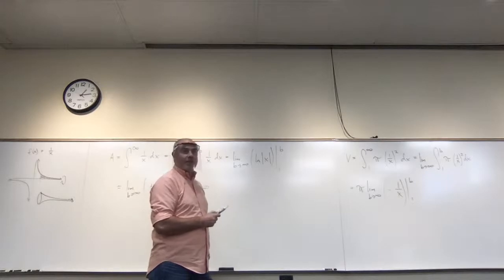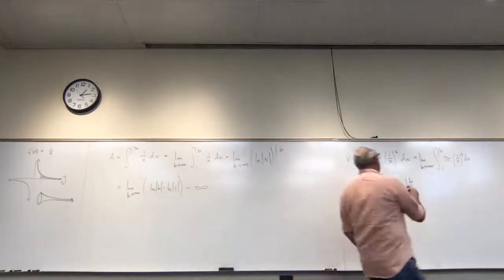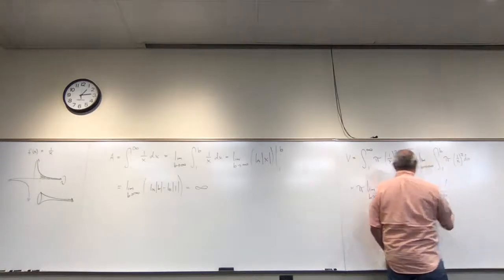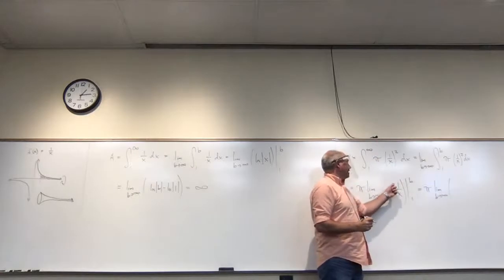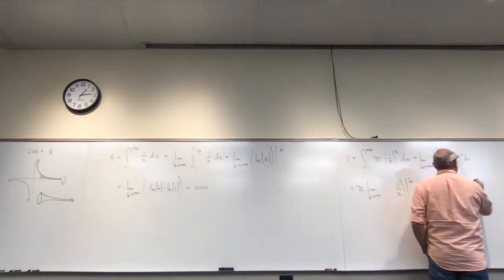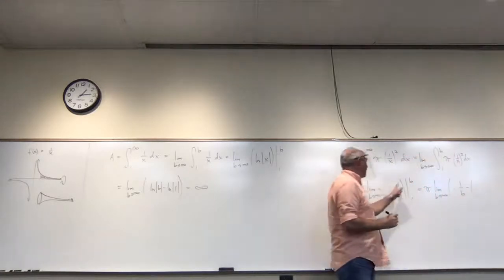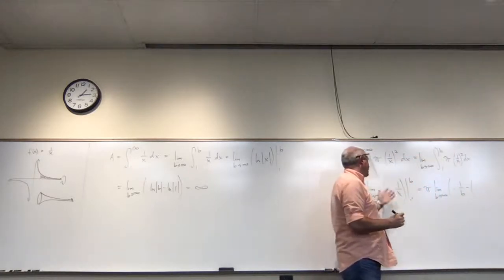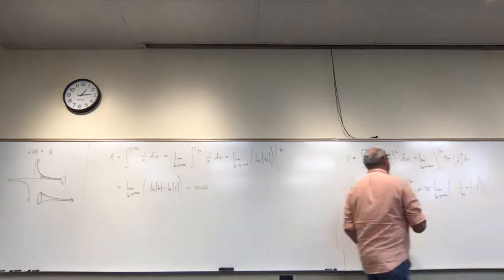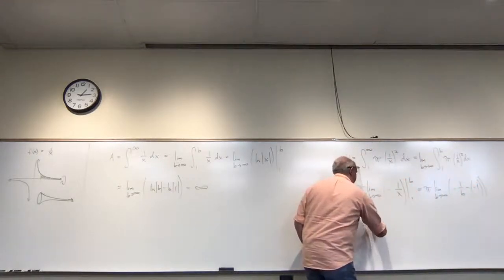Everybody buy that story? Okay, so let's plug it in. The pi's still there, the limit's still there. And now I plug it in and I get negative 1 over b, minus, plug in 1 and I get negative 1 over 1, so that's negative 1. The pi's still there.